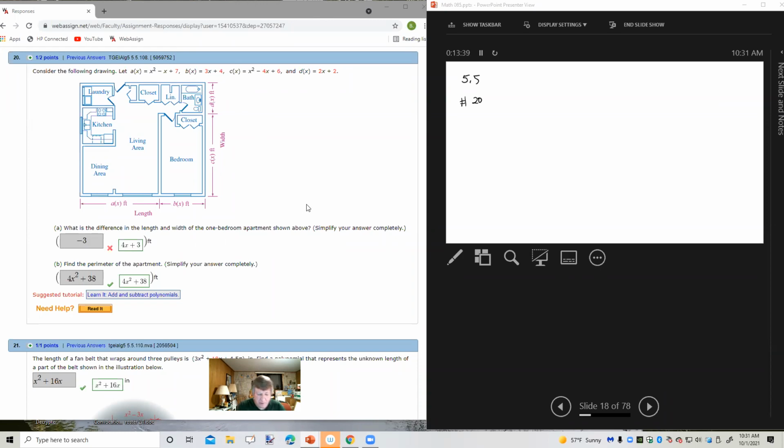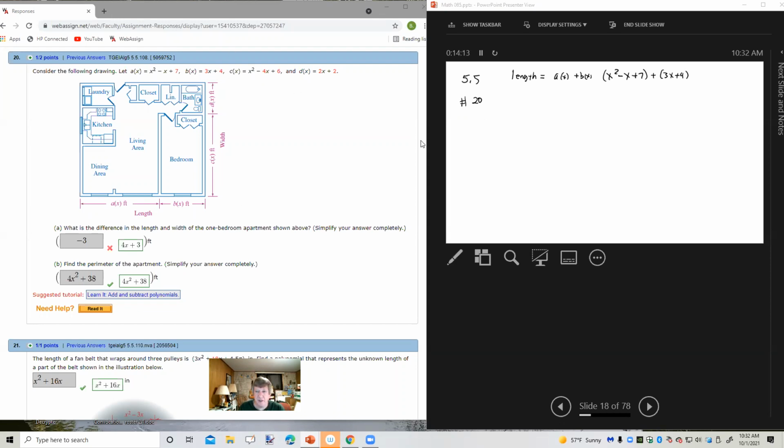All right, so the length is a of x plus b of x. And a of x is x squared minus x plus 7. And b of x is 3x plus 4. I'm getting these values from up over here, okay?